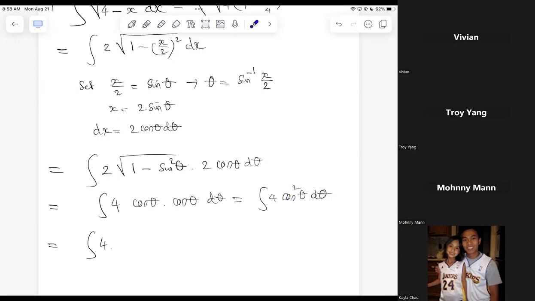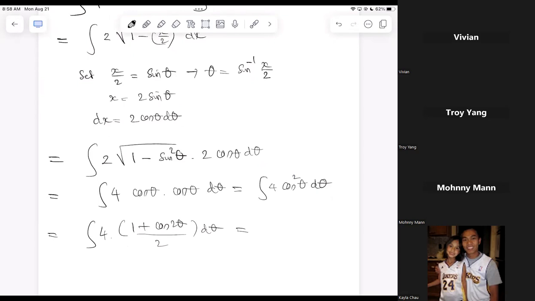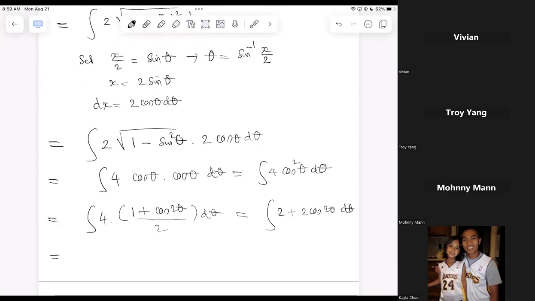So cosine squared theta, I can reduce the degree by 1 plus cosine of 2 theta over 2, d theta. So 4 divided by 2 is just 2. So I have 2 plus 2 cosine 2 theta d theta. Okay? Now I can integrate them. The integral of 2 is just 2 theta.